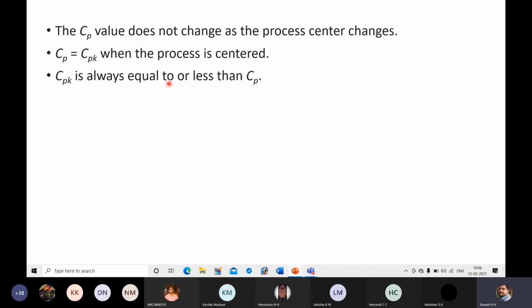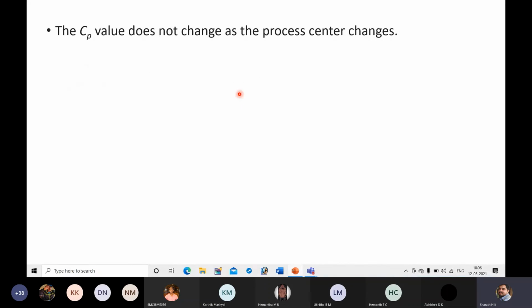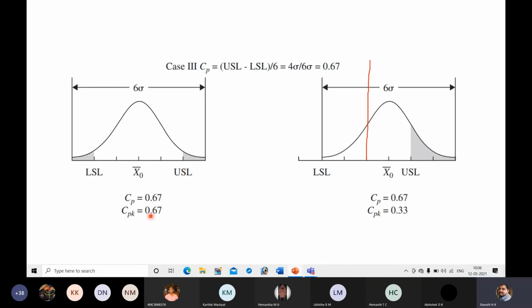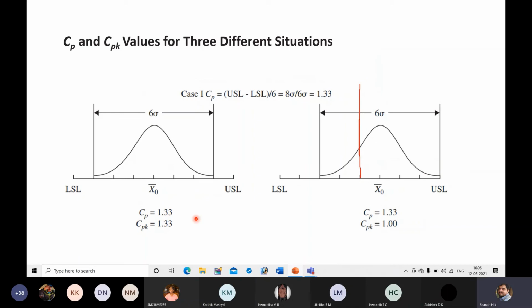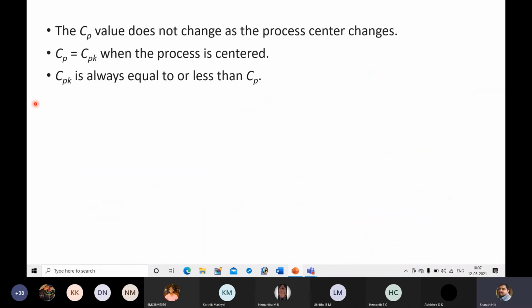Cpk is always equal to or less than Cp. Here you can see it is equal, here it is less, here it is equal, and here it is less than Cp. Cpk is never greater than Cp; the Cpk value will not exceed the Cp value.